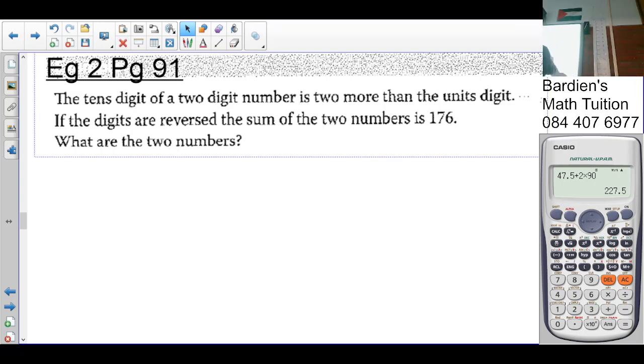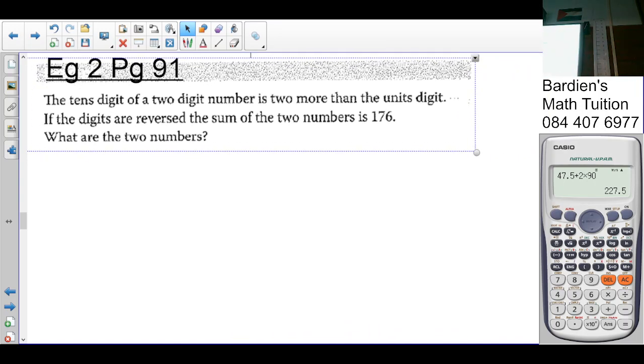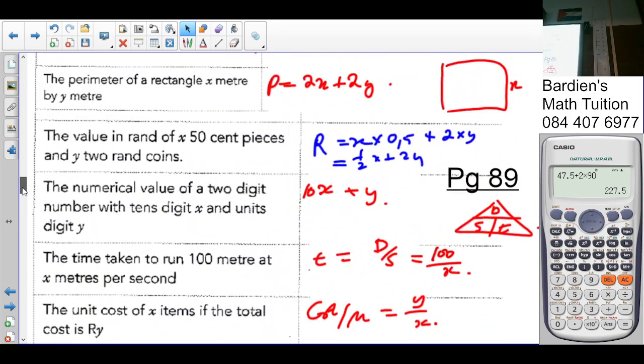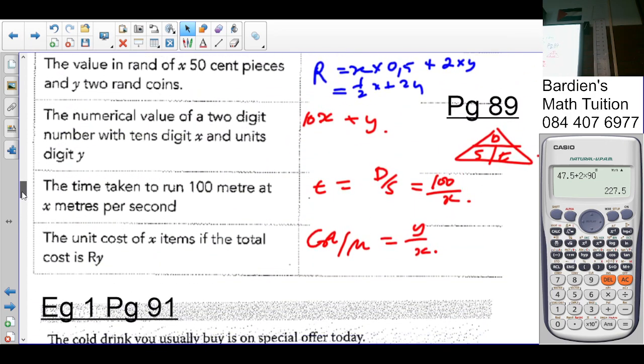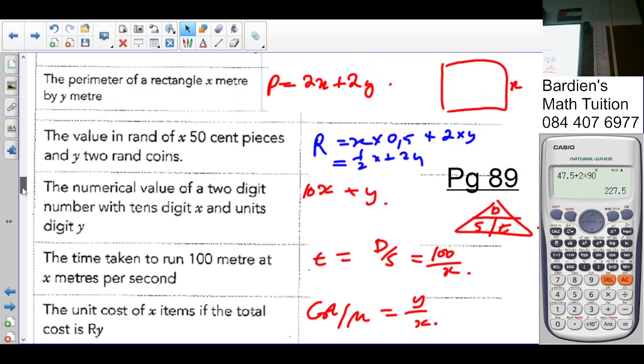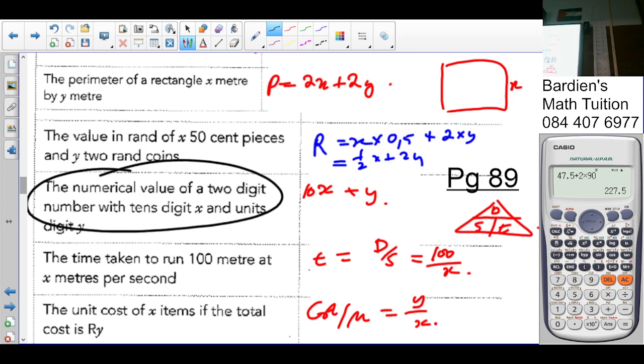So in example 2 we are told that the tens digit of a 2-digit number is 2 more than the units digit. So yesterday we spoke about a 2-digit number, where the tens digit is x and the units digit is y.